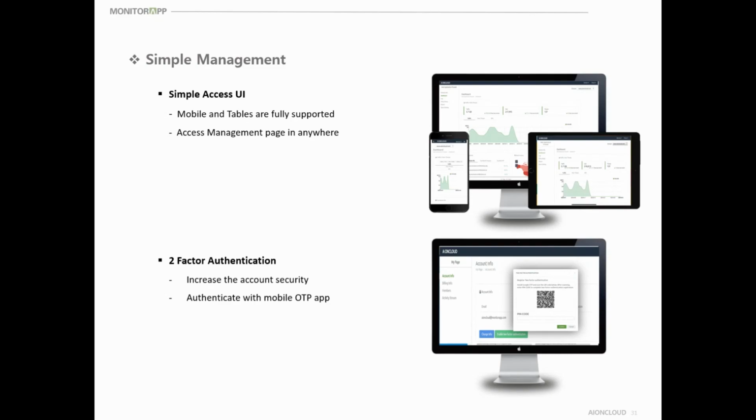You can access the management page anywhere at any time. And also the SWG provides two-factor authentication. It increases account security. To use the two-factor authentication, your mobile OTP application is required.